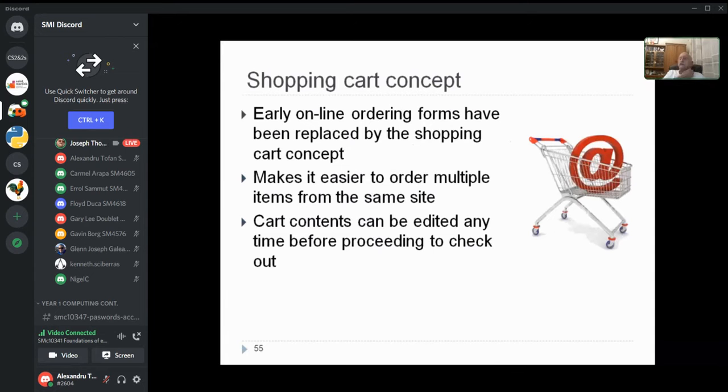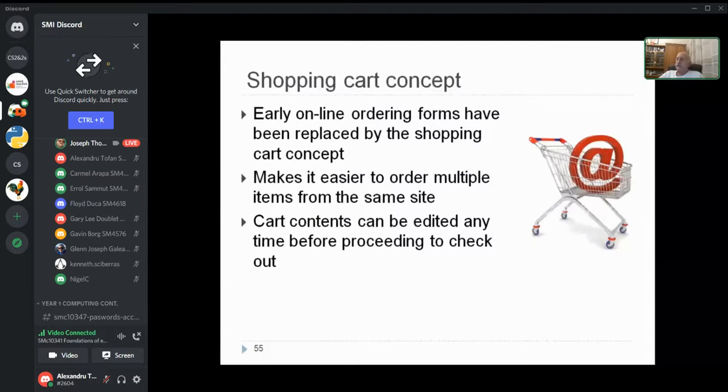Now, with shopping carts, as I was saying, initially we had online ordering forms, and they were quite laborious to fill in. Eventually they were replaced by the shopping cart concept. Basically, it's like going through a supermarket, putting items in your trolley.